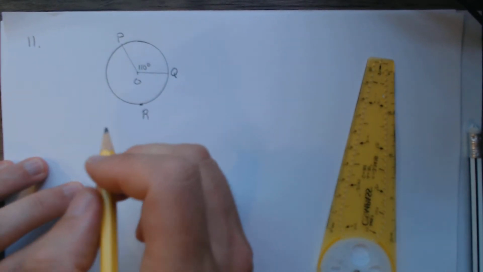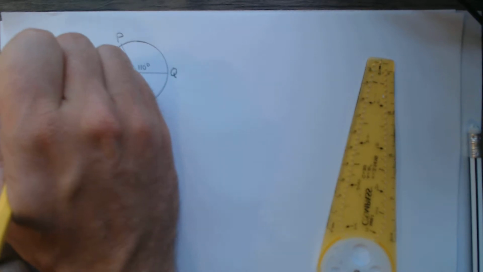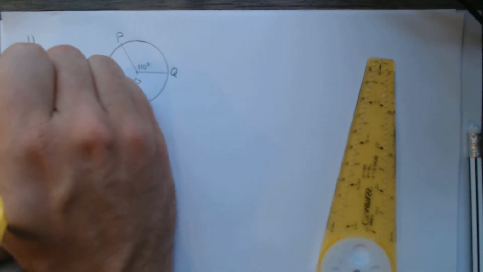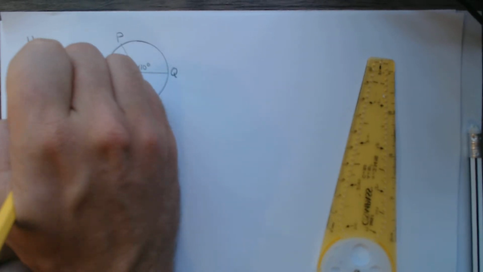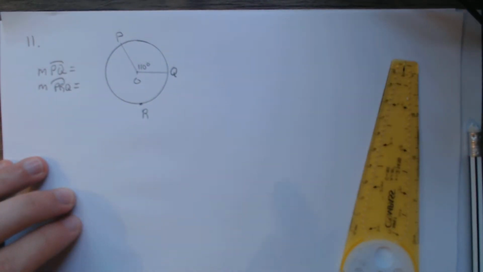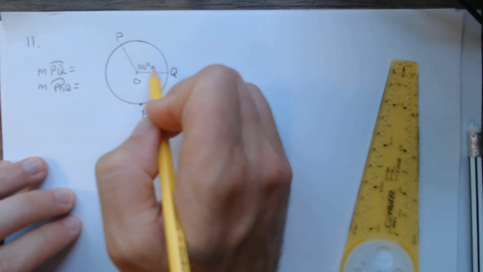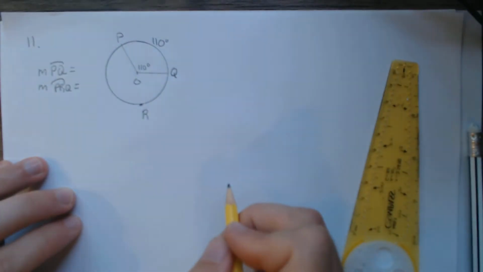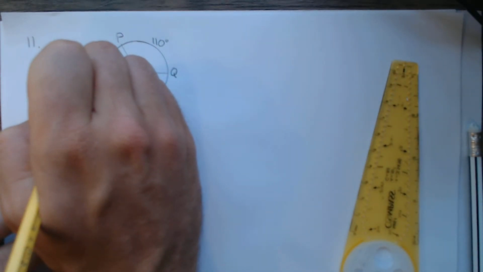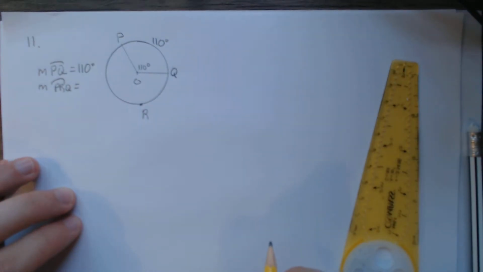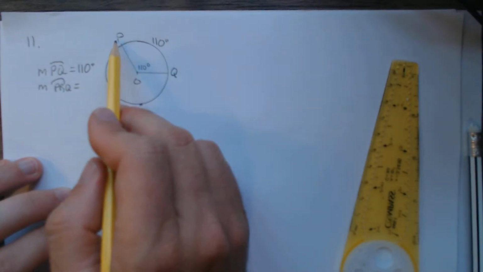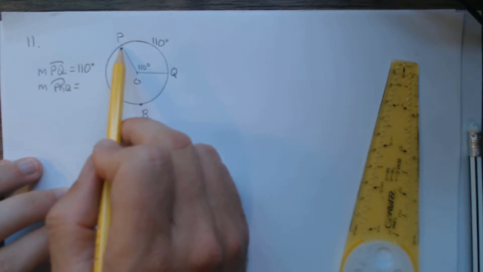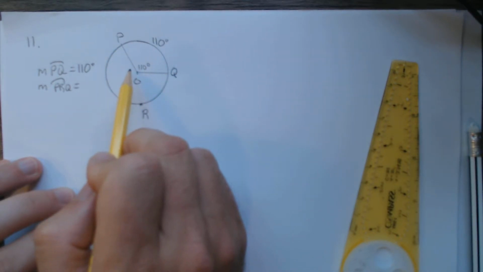And then it said, okay, what's the measure of arc PQ equal to, and what's the measure of arc PRQ equal to? Well, the measure of this arc is the same as the measure of its central angle, so this is going to be 110 degrees. The measure of that major arc, PRQ, is basically the reflex measure of this angle.